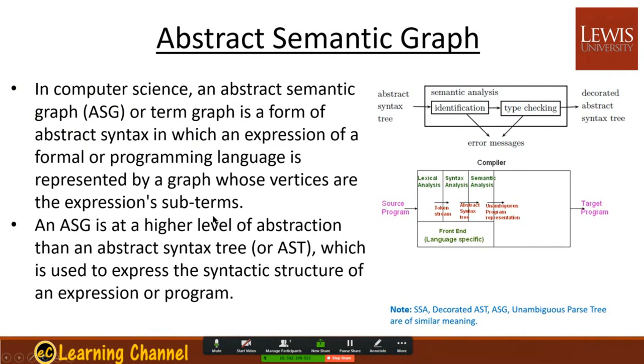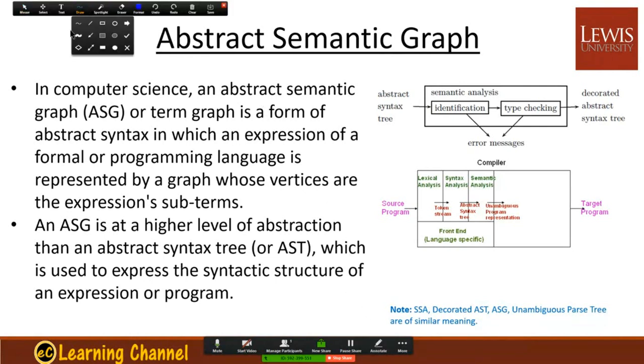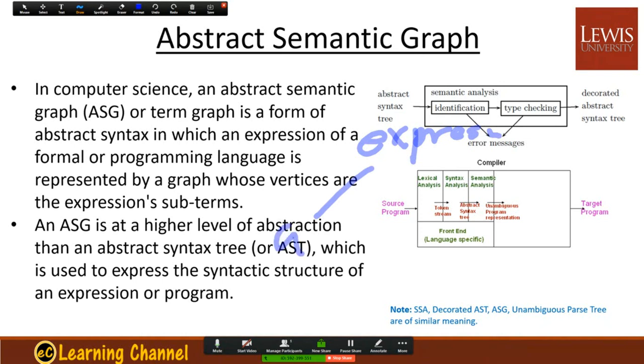So basically, this tree means the parse tree we have. So you have an expression, but you actually end up with A plus B.